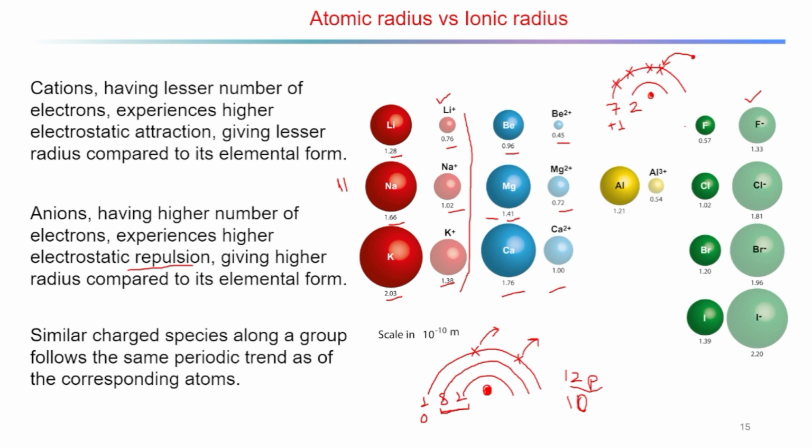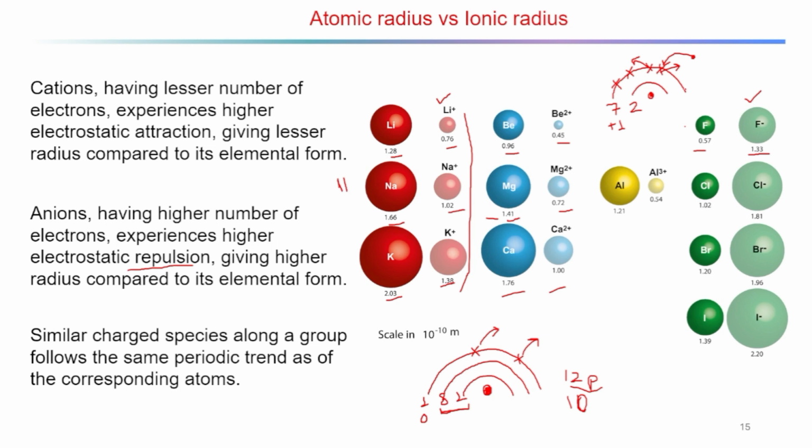And because of that electron-electron repulsion, these electrons will try to go away from each other. This will try to go this side, this will try to go this side. So that will actually expand this orbit size. So the size of fluorine is smaller, but the size of fluoride ion is actually much bigger because these electrons are trying to go away from each other.